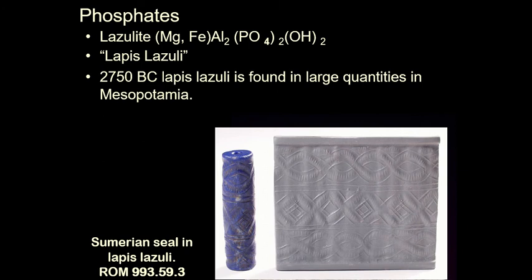So from about 2750 BC, I don't know which reckoning that is, but around there, lapis lazuli is found in large quantities in Mesopotamia, and it all comes from Afghanistan. There's to this day a massive mine at a place called Badakhshan in Afghanistan, where they get just about all of the world's lapis lazuli. And although there may have been other sources, this is probably where it came from back in Mesopotamia.